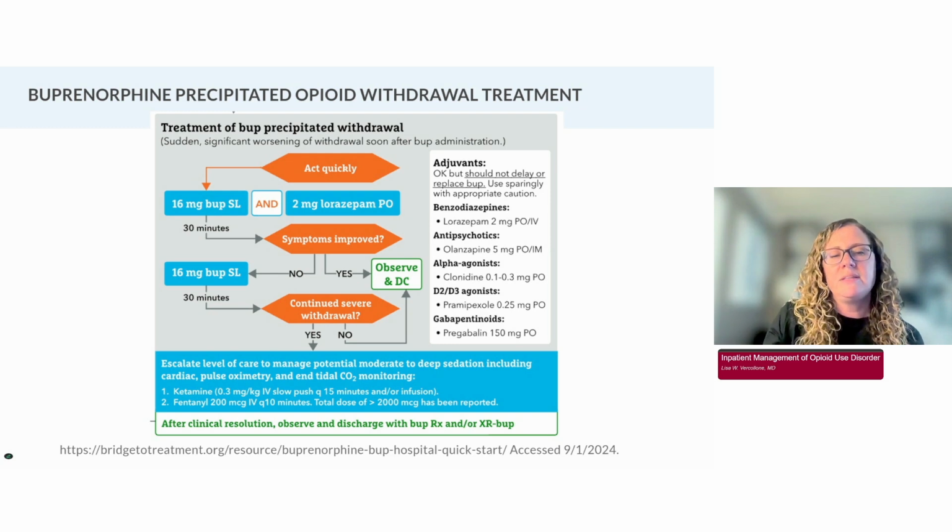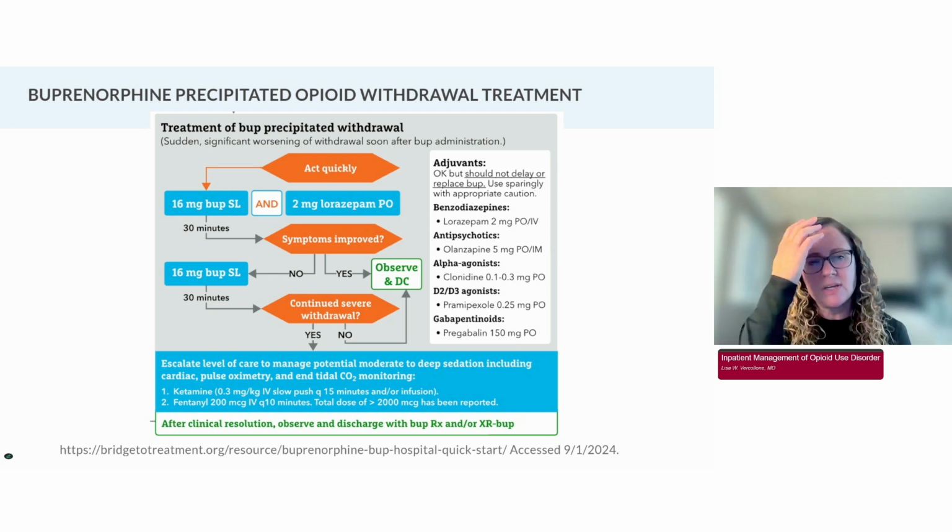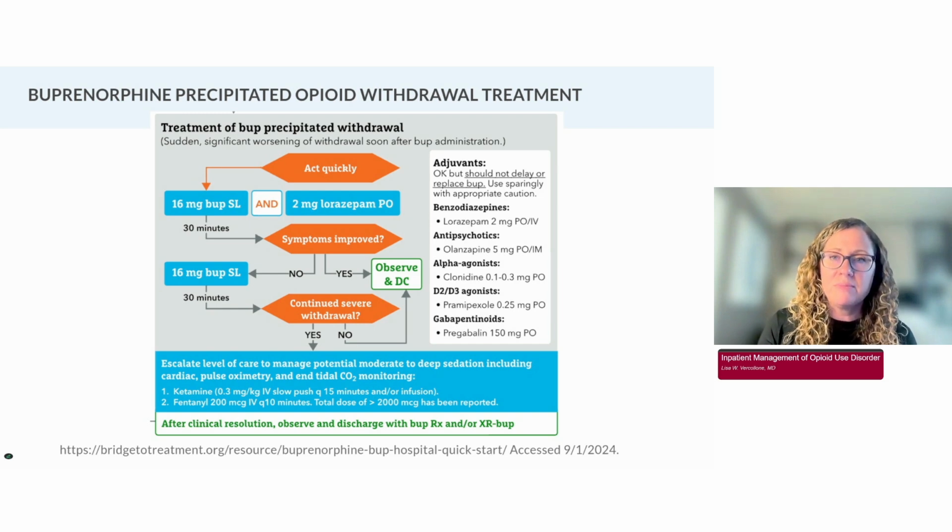If we've done these things and we've given the patient a total of 32 milligrams in addition to the dose that caused the withdrawal, and we've used additional medications to try to manage our symptoms, if the patient is still sick, then the medications that you want to consider at that point in time are ketamine and fentanyl. And this is usually going to mean that the patient needs to be in the ED or transferred to the ICU.